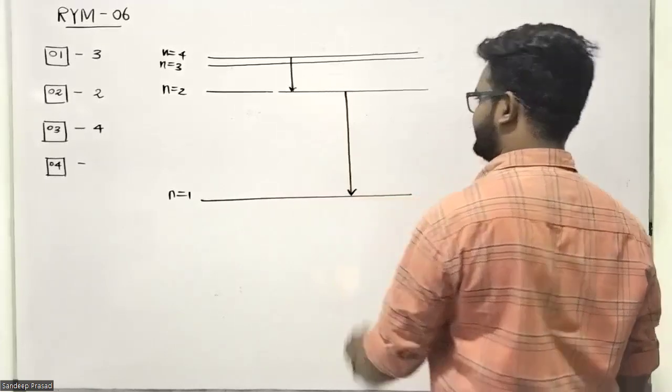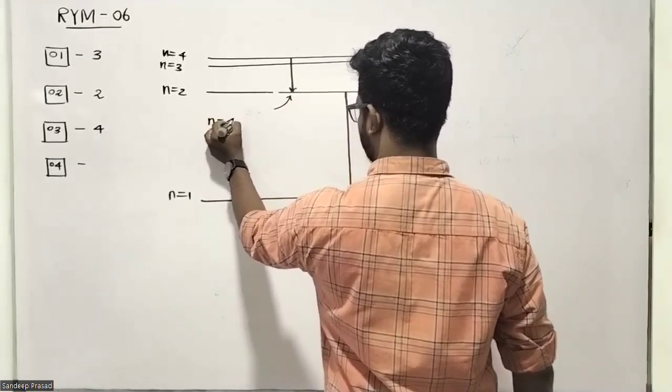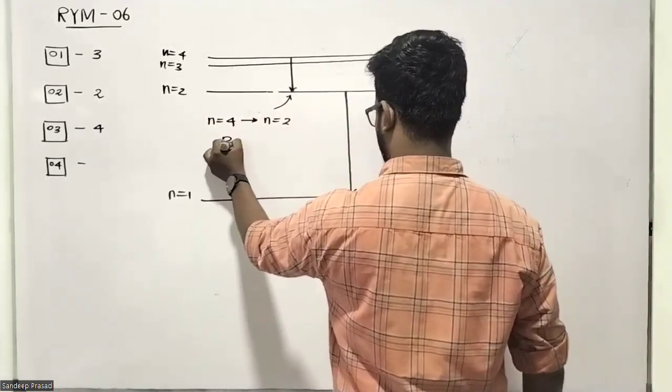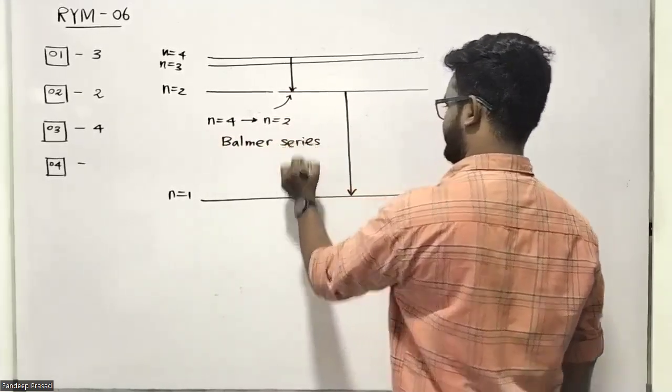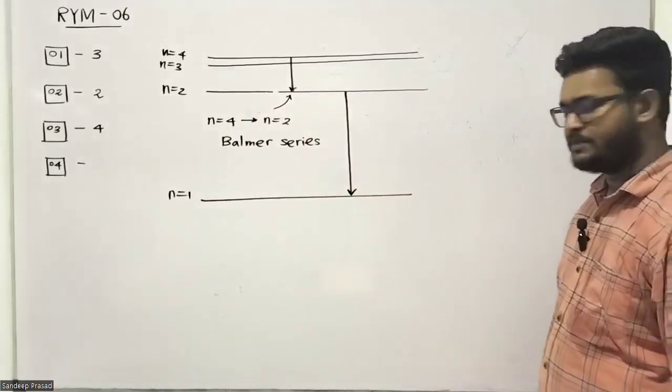Students, you can see that this electron transition corresponds to n equal 4 to n equal 2. That means this line definitely belongs to the Balmer series. The electron is falling to the second principal energy level, which means definitely that electron transition belongs to the Balmer series.